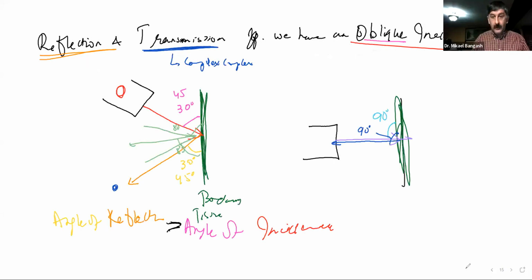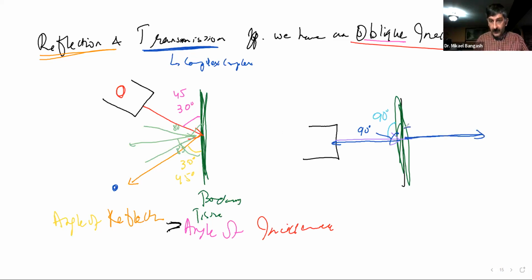Okay, guys. Now, what happens with the transmission? In a normal incidence, what did we say about the transmission? We said that if we had a normal incidence, your transmission will be this.